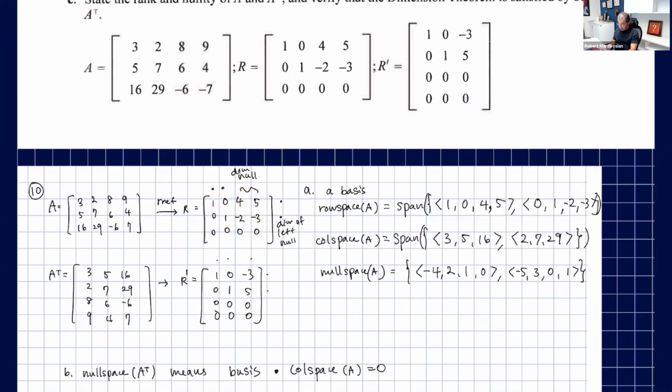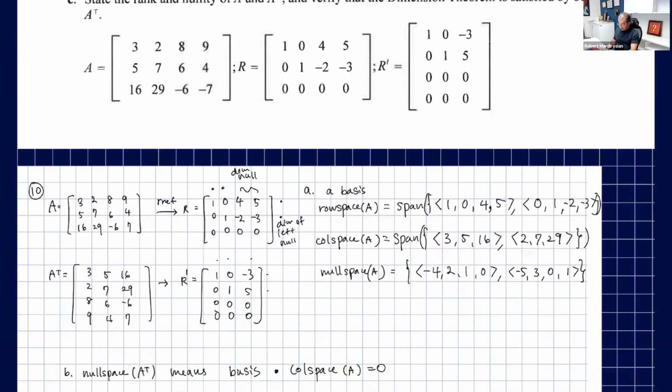For a basis for the column space, you go to the RREF and take the vectors corresponding to the pivot columns. Here the first and the second are pivot columns, so the first and the second vector in A are going to be the column space basis. As you can see, we have it here.